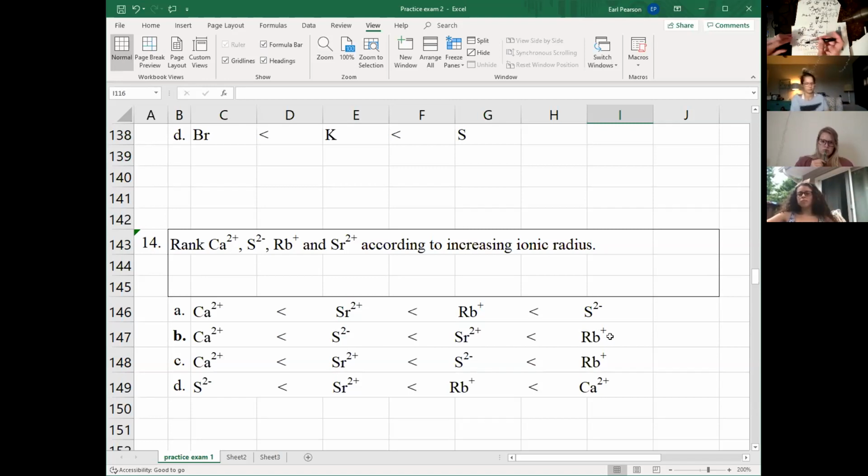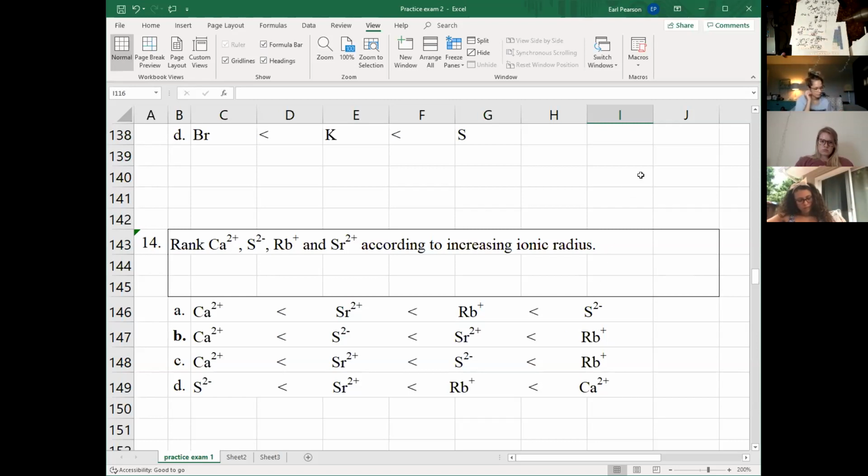The core is what determines the biggest difference. These two both have a krypton core that's bigger than argon core, so both of these are bigger than either of these. Then within each one, you can compare charges. The negative is bigger than the positive, and the most positive is the smallest within a group.